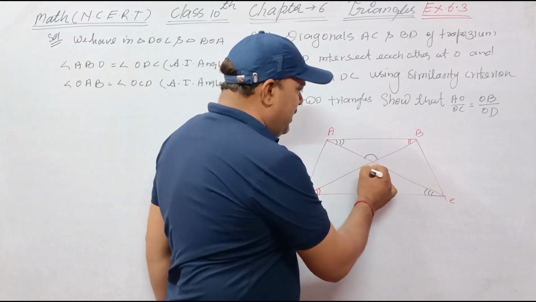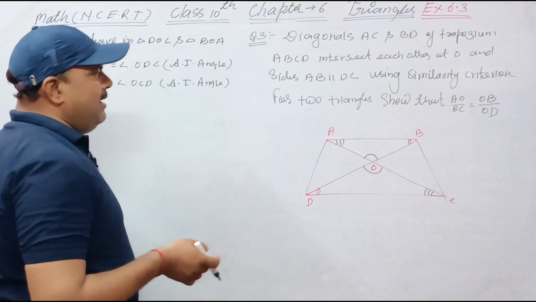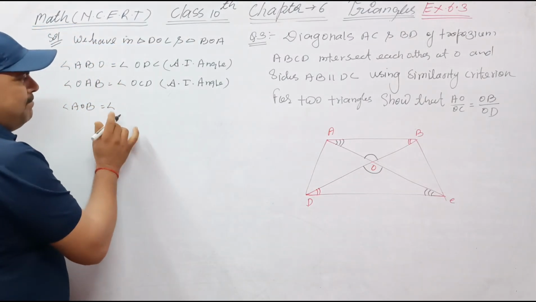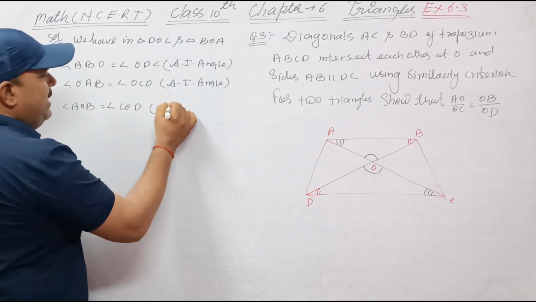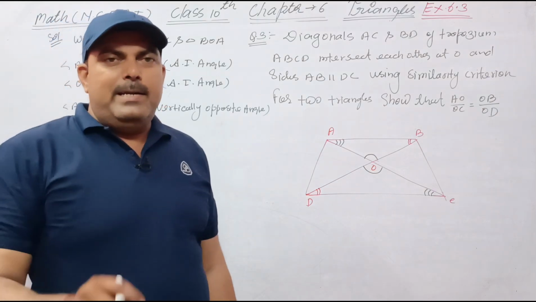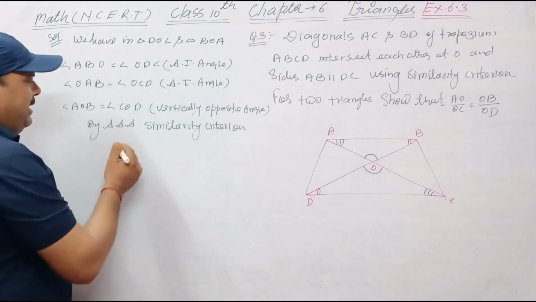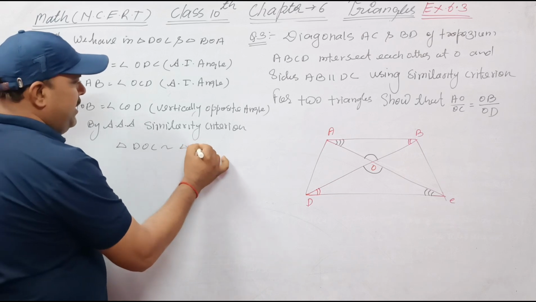Again, angle AOB is equal to angle COD, vertically opposite angles. By AAA similarity criterion, triangle DOC is similar to triangle BOA.